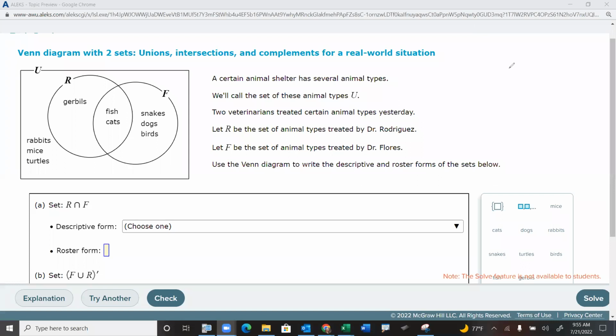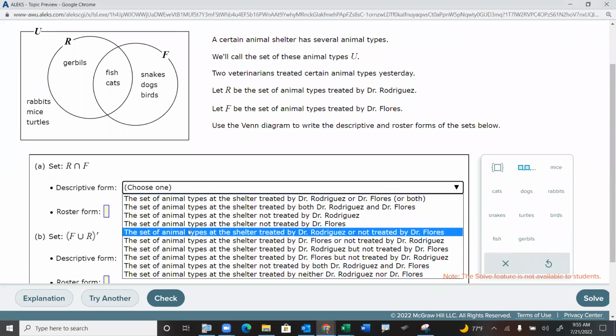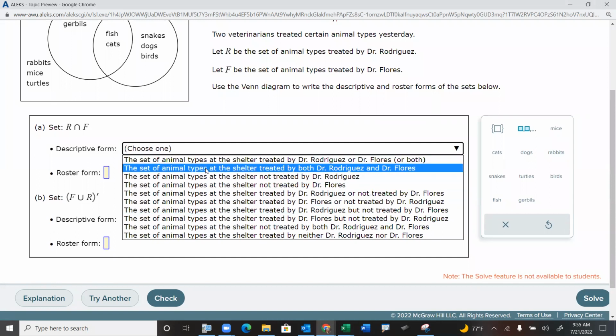Okay, on this one, we've got the animals treated by Dr. Rodriguez and the animals treated by Dr. Flores. And so the question is, if we're talking about R intersect F, well, the intersection is where the overlap is, fish and cats, then which of these choices represents that?